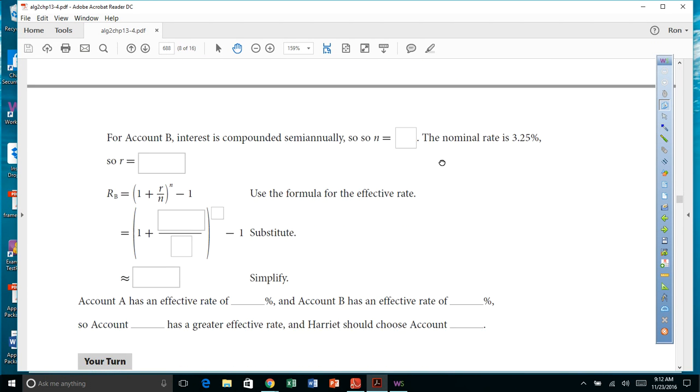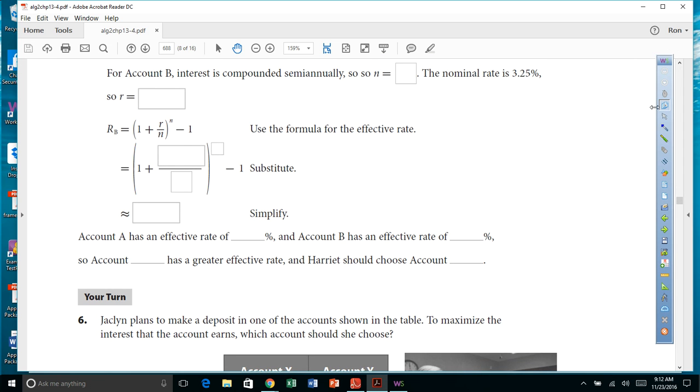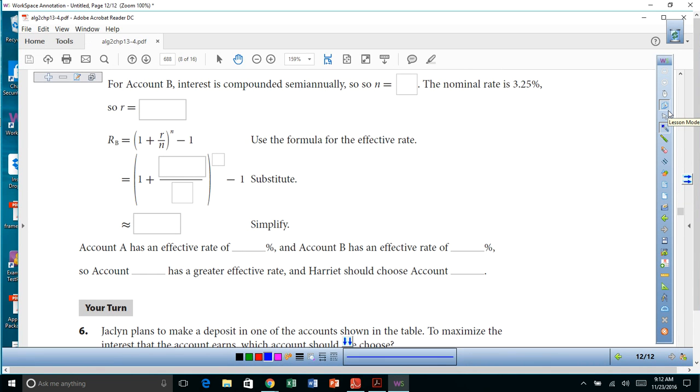All right. For account B, interest is compounded semi-annually. So n equals 2. The nominal rate is 3.25%, so r equals 0.0325. All right, so let's put all this in. 1 plus r over n, that's going to be 0.0325 divided by 2, and then that's to the 2 right there, minus 1.